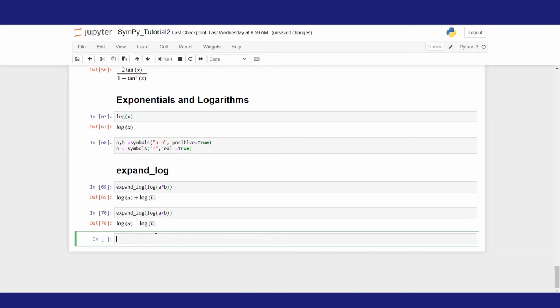Now that we have looked at multiplication and the subtraction, or the division, let's look at how we can expand log of a to the power 5. There is a log here, and that's 5.